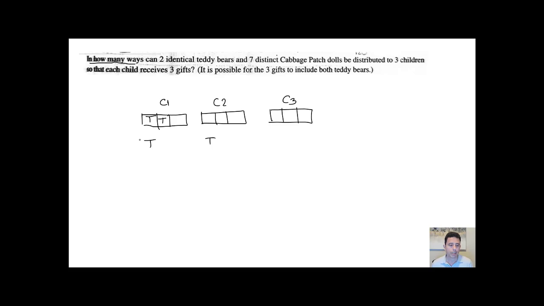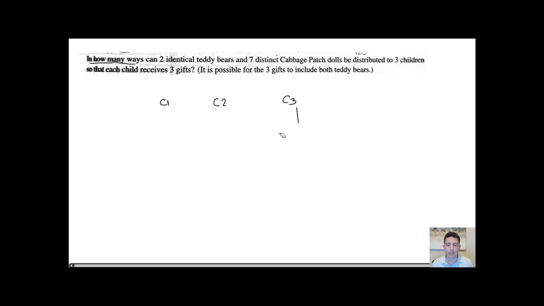So I would first try to distribute the identical elements. So to do that, this child could have 2 teddy bears, this child could have 2, this child could have 2. Another possibility is this child has 1 and this has 1, this one doesn't have any.